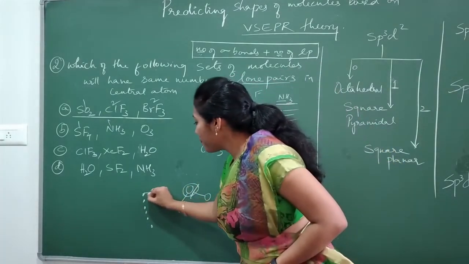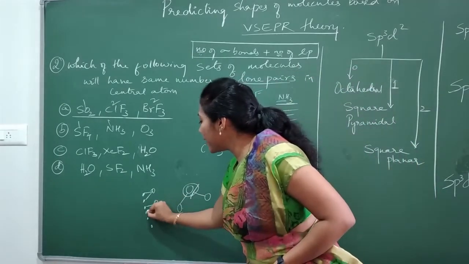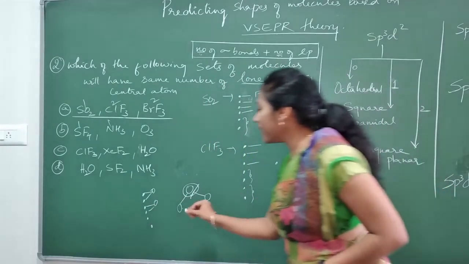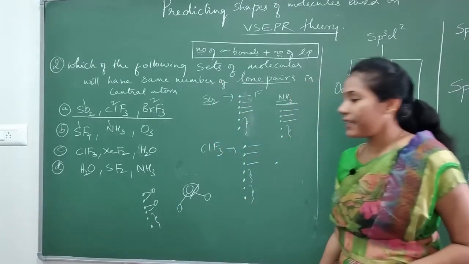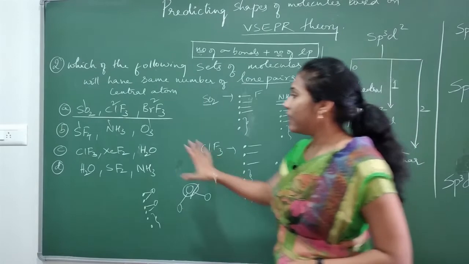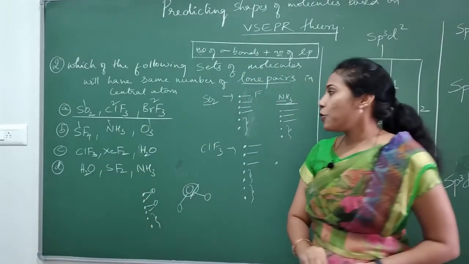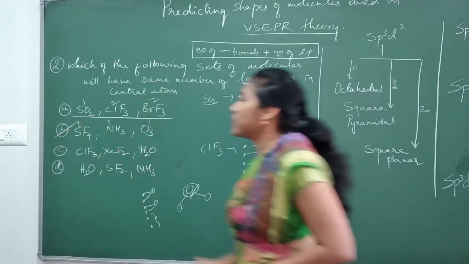Each oxygen will form 2 bonds, one is sigma and one is pi. Now can you find out how many lone pairs are there? 1 lone pair. So in option B, all the 3 molecules are showing 1 lone pair, right? So option B is the correct option here.